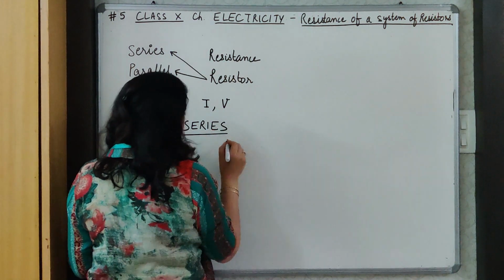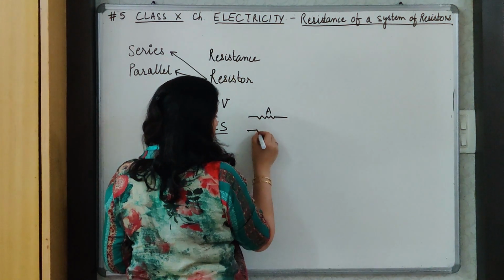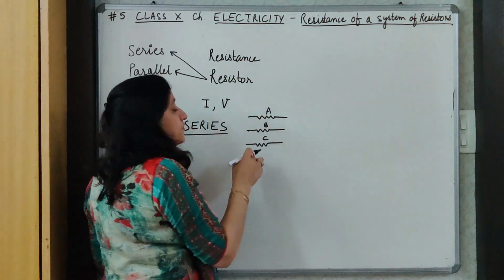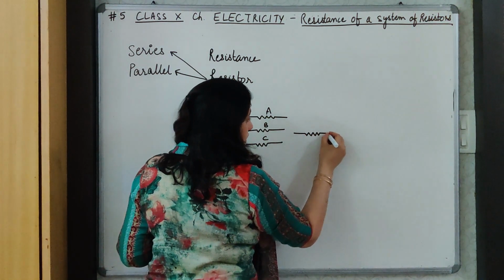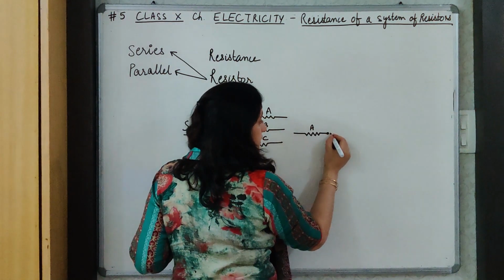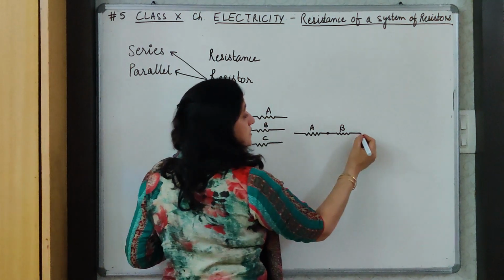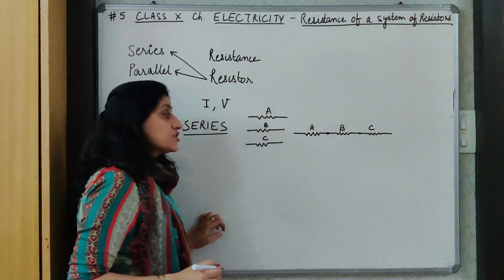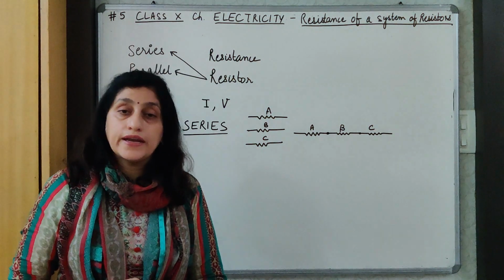In series connection, suppose I have got three resistors, say A, B and C. If I take these three resistors and connect them one after the other, I take the first resistor, I know these are the wires, then I take the second resistor and connect it across this end like this. Then I take the third resistor and connect it across this end.